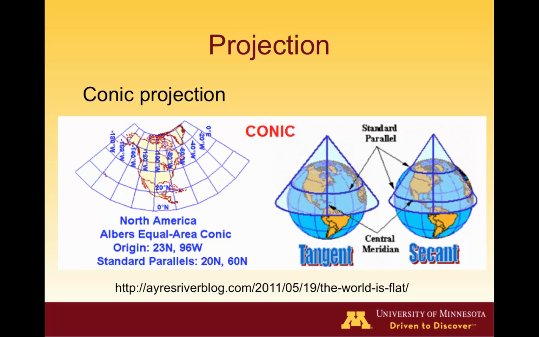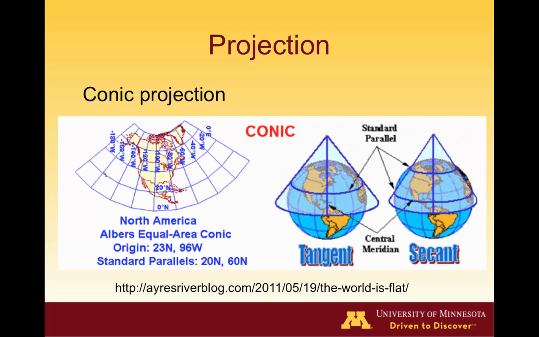In this method, the cone is tangent with the globe in one circle, which is the upper circle shown here. On this circle, the projection is exactly the same as the real position, because these are touched together. But for all other areas on the globe, it is distorted somehow, either stretched or compressed.